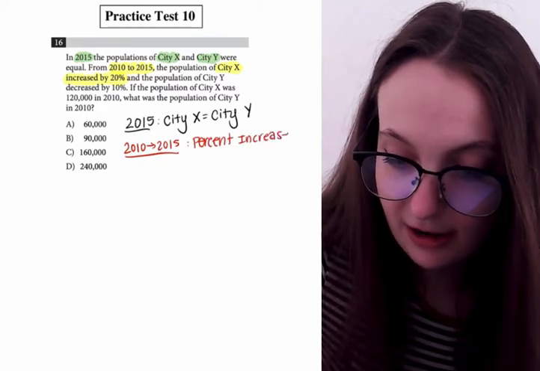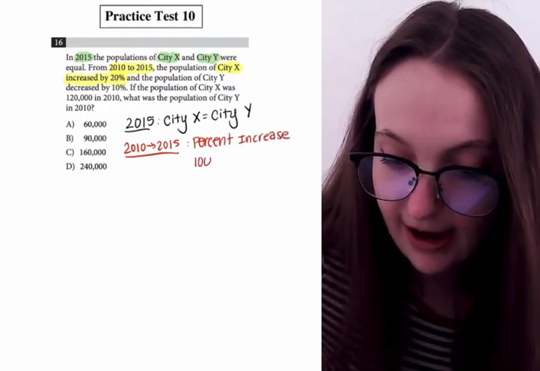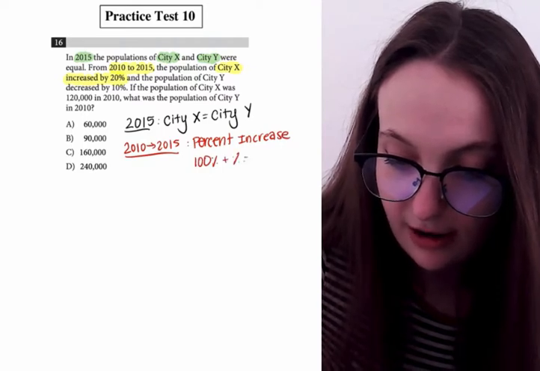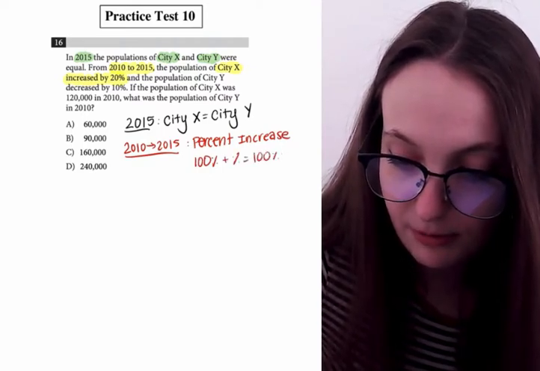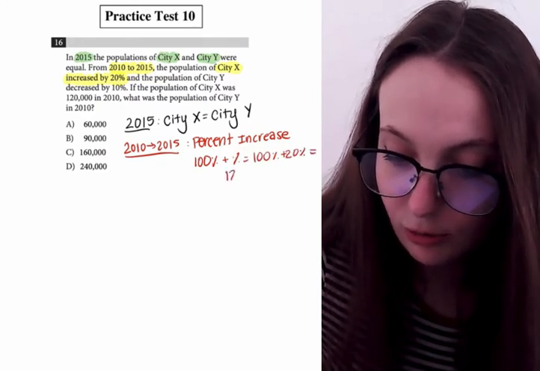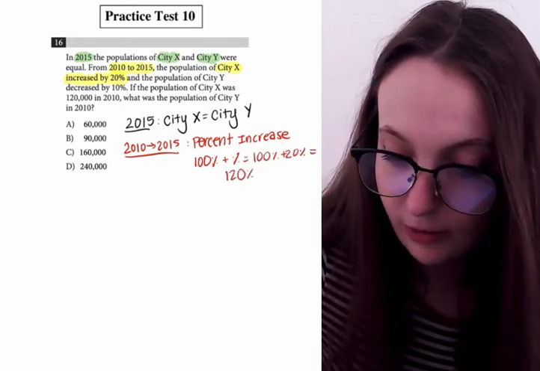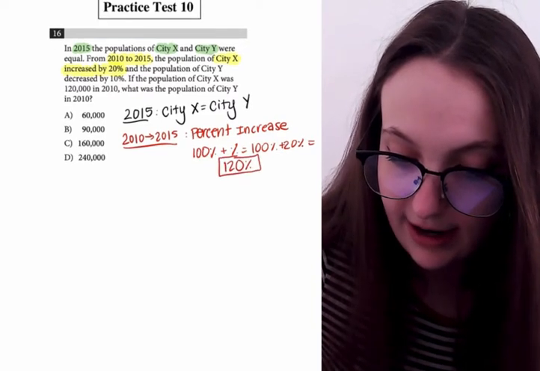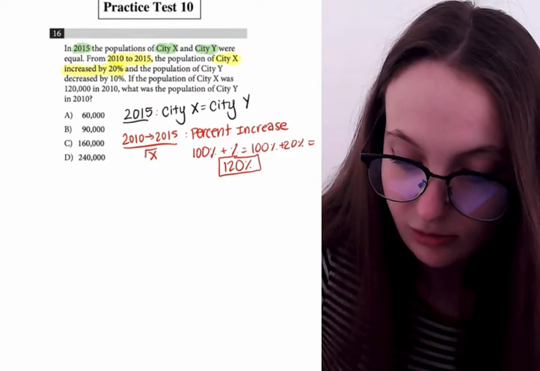A percent increase is modeled by adding whatever the percent increase was to 100%. So here we would have 100% plus the 20% increase, which gives us 120%. So we know that it's 120% for city X.